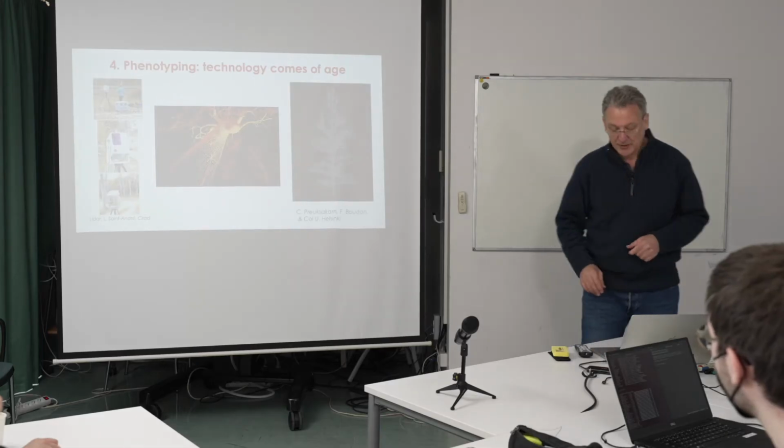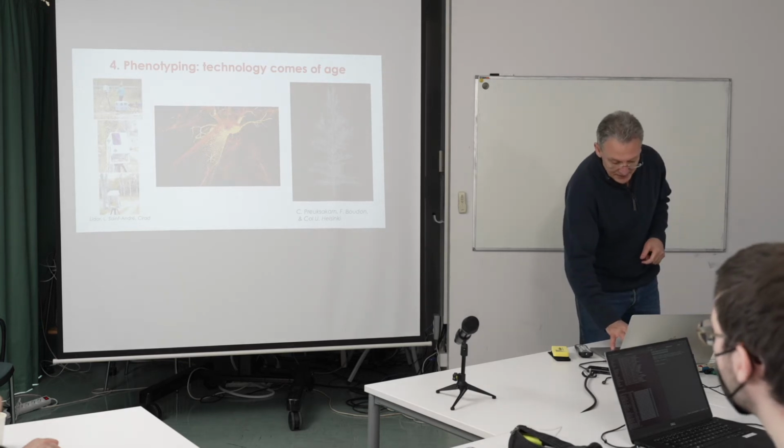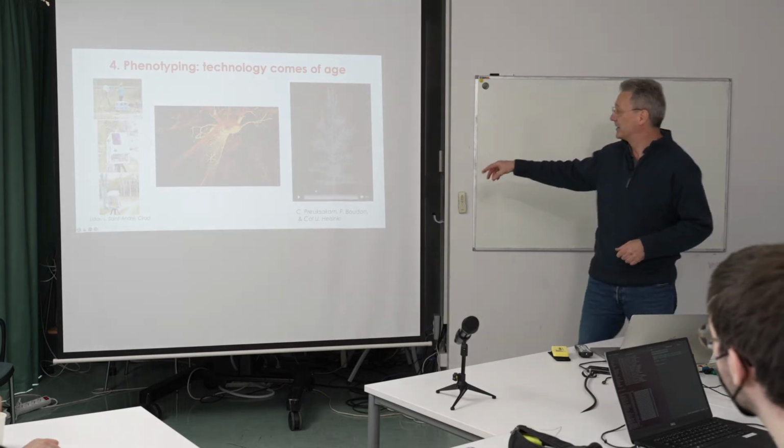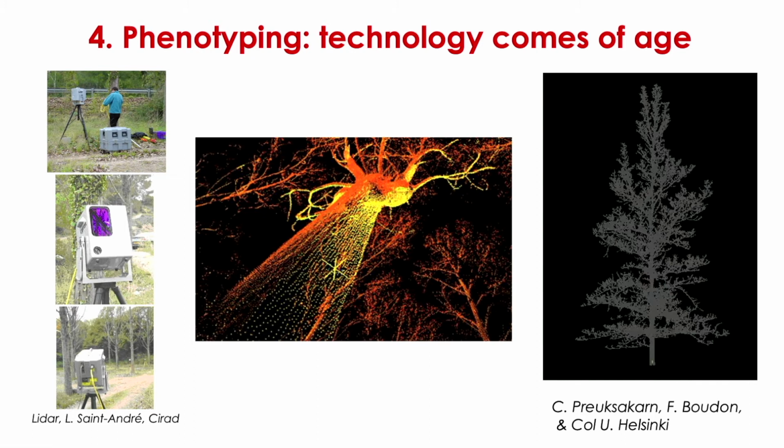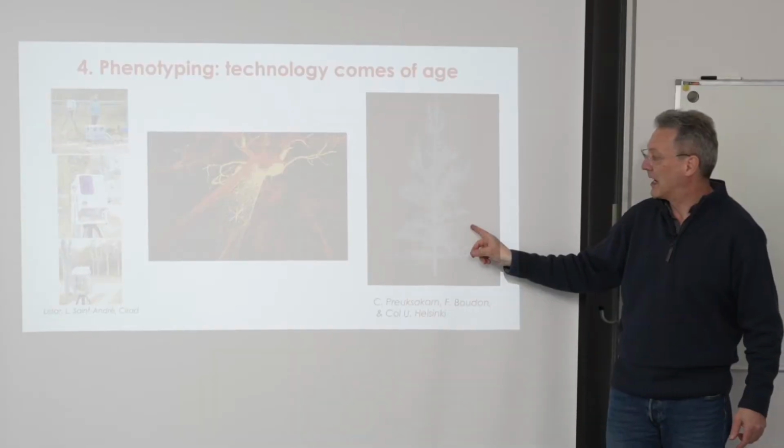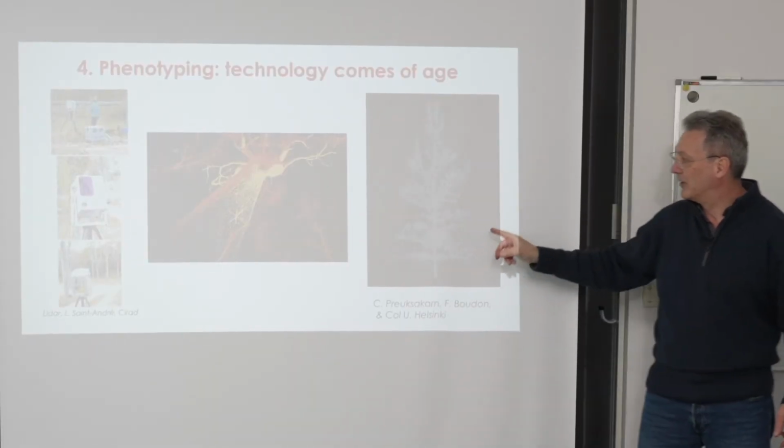And to illustrate what we can obtain is this type of point cloud here that you don't see very well here, but hopefully it will be better when you look at it on the computer. So this is the point cloud output by a LiDAR system.